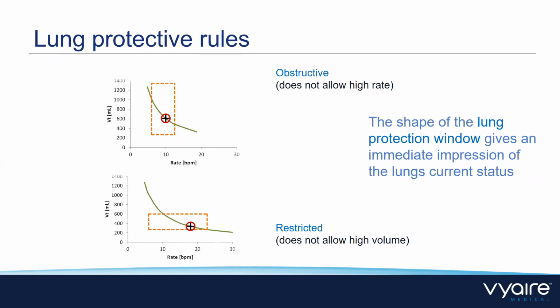So we are looking at a restrictive patient, kind of a pneumonia ARDS patient. He doesn't have any problems with exhaling, but looking at that shape, this patient has a very low compliance, and that means that his tidal volume is very low to achieve the set minute volume.